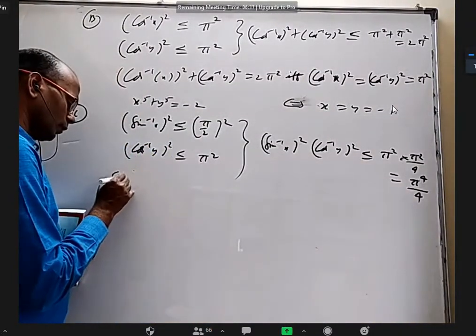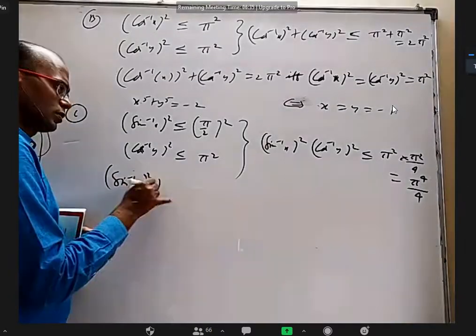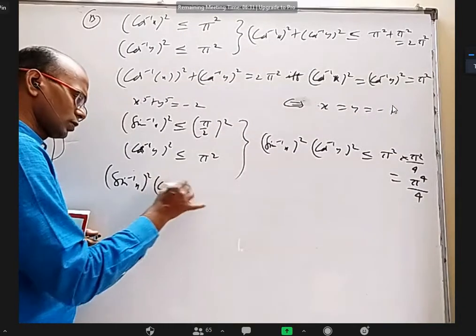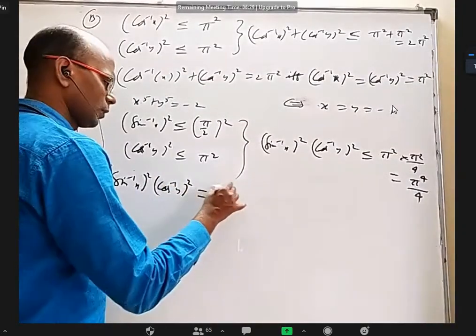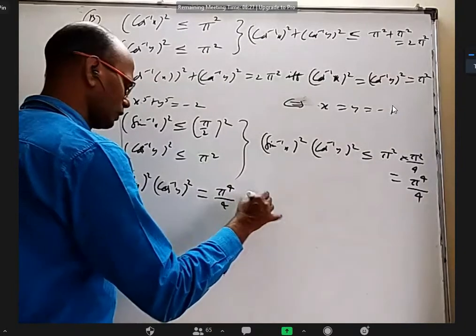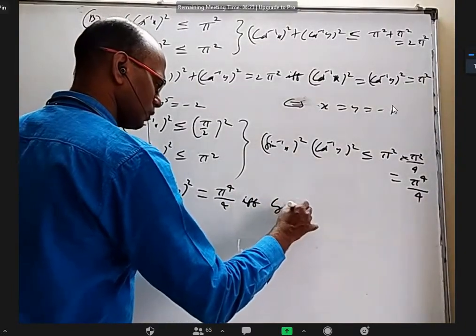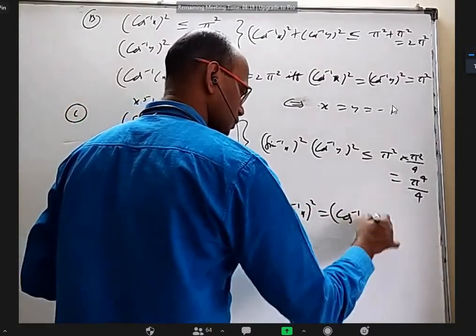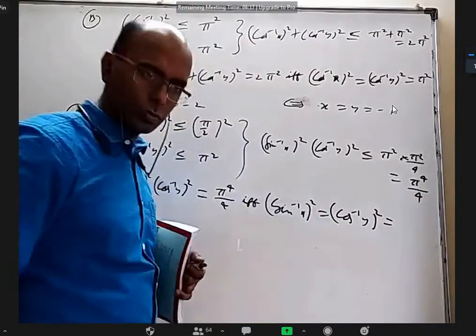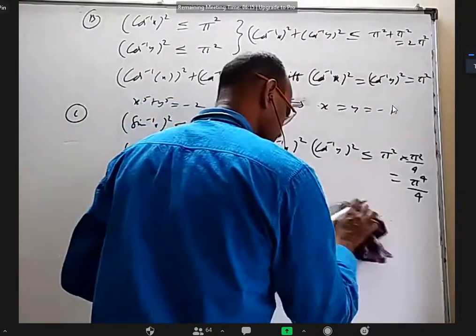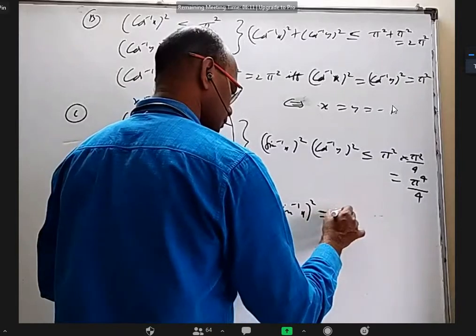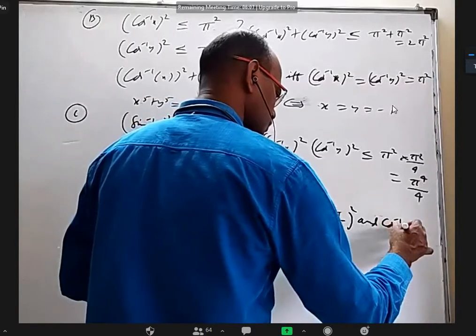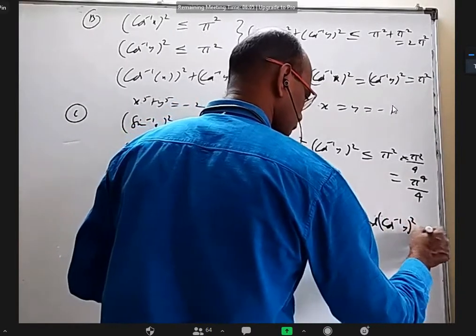So sin inverse x whole square into cos inverse y whole square is equal to pi power 4 by 4 if and only if sin inverse x whole square is pi by 2 whole square, and cos inverse y whole square is pi square.